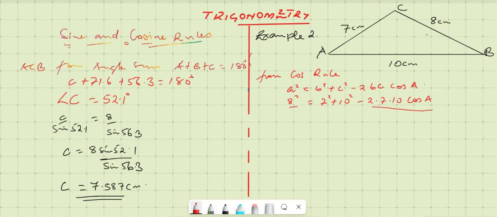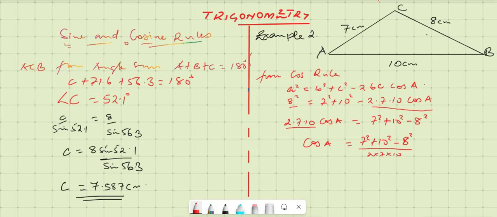You see that 2 times 7 times 10 cos A is equal to 7 squared plus 10 squared minus 8 squared. At this point, I can divide both sides by this. Then the cosine of A becomes 7 squared plus 10 squared minus 8 squared all over 2 times 7 times 10.